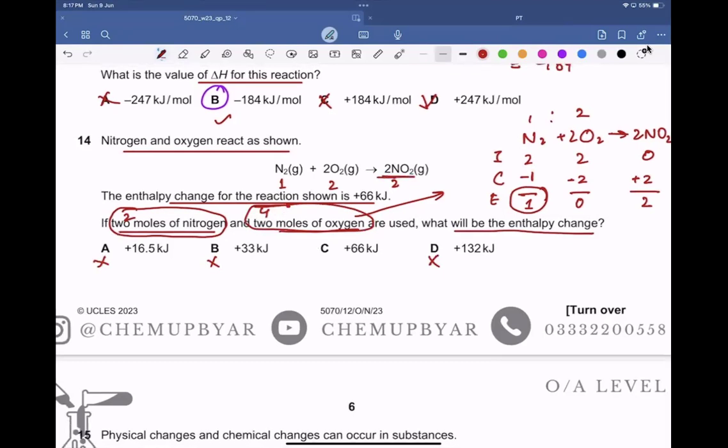But here we doubled only one substance, and the rest of the reactant is the same. So the amount of both substances used is exactly the same as in the previous one, so we will get the same enthalpy change. So C is the correct answer. Is this clear to all of you?